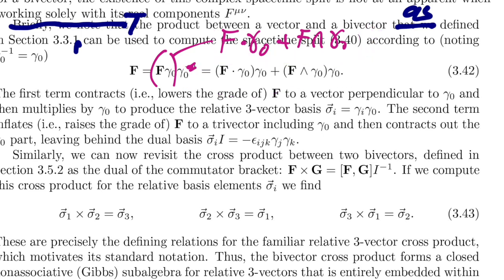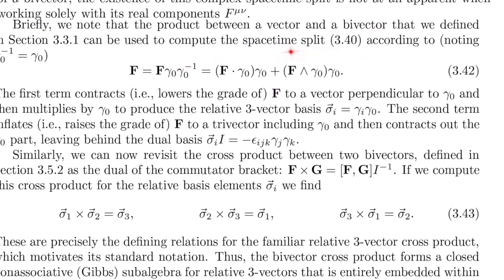With that expression, the point is I can take an arbitrary bivector F and ask what its spacetime split is. This expression here represents the relative three-vector part, and this expression here represents the dual of the relative three-vector part.